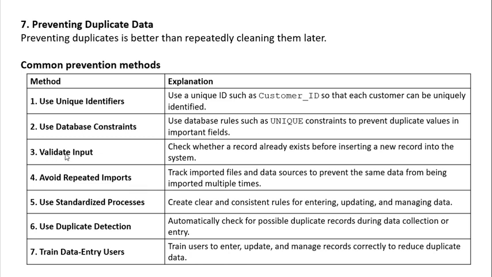Third, validate input: check whether a record already exists before inserting a new record into the system. Fourth, avoid repeated imports: track the imported files and data sources to prevent the same data from being imported multiple times.